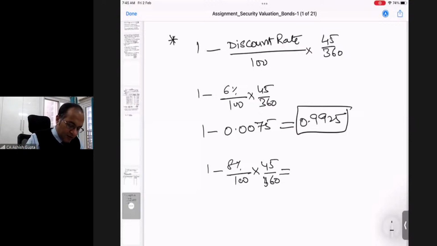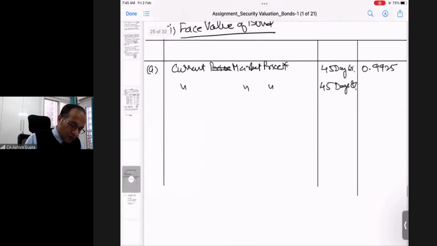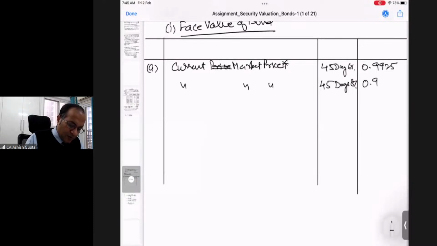So let us solve it: 8 divided by 100 into 45 divided by 360. So it comes to 0.01. So here we write it down 990.